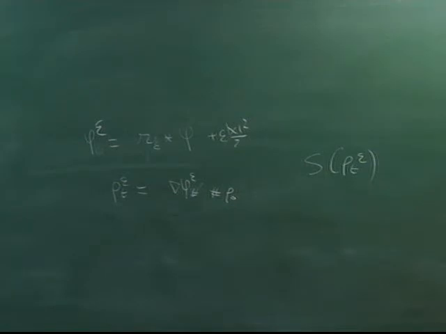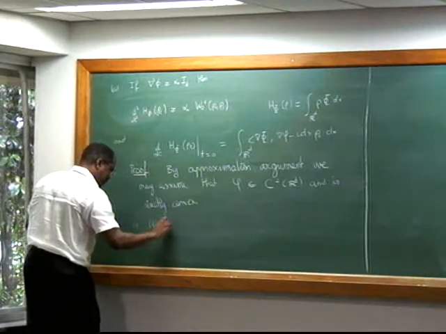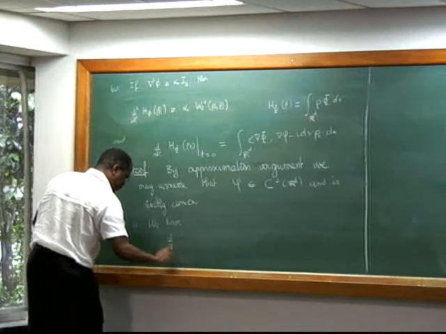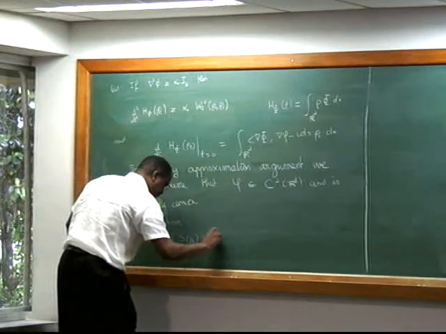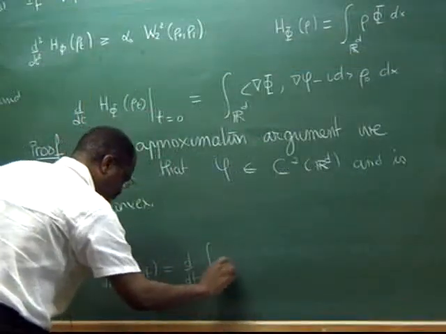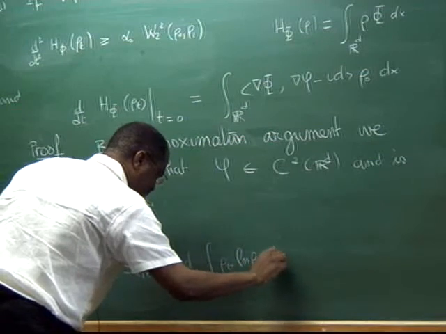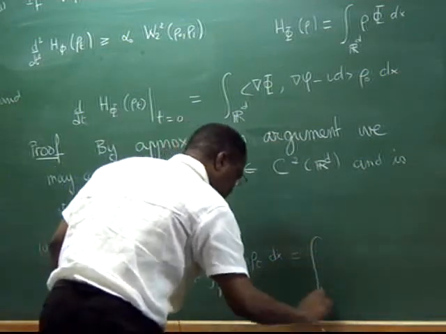So let me compute the first derivative. We have d over dt of S of rho t, which is d over dt of the integral of rho t log of rho t dx.